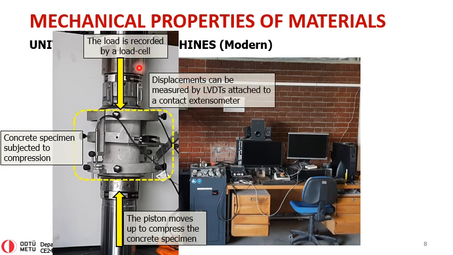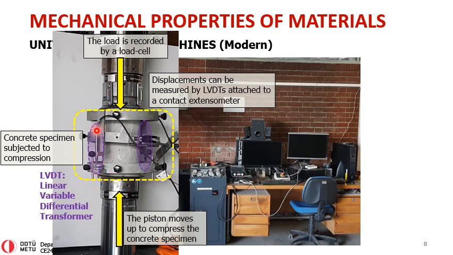And sometimes we want to make some displacement measurements on the materials. And this displacement measurement on this setup is measured by using some LVDTs that are attached to a contact extensometer. The extensometer I'm talking about is these three rings, basically. And what's an LVDT?